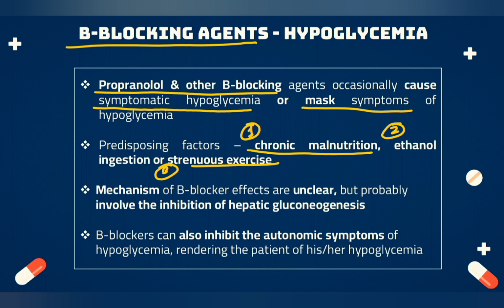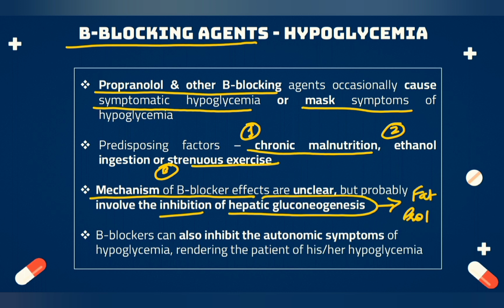The mechanism of hypoglycemia produced by beta blockers is usually unclear, but it has been found that there is inhibition of hepatic gluconeogenesis, meaning there is no production of glucose from fat and protein substances, which is known as gluconeogenesis.